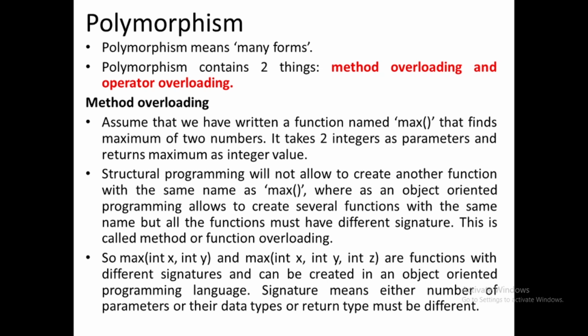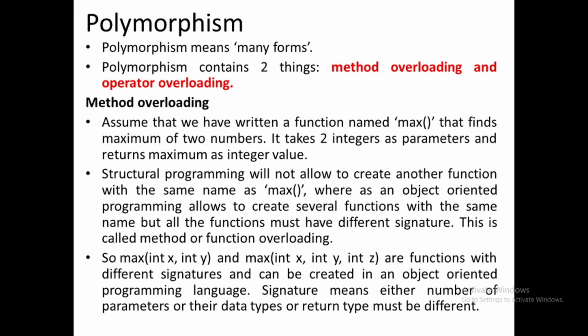So signature means either the number of parameters or their data types or return type must be different. If any one thing is different, then both functions will be considered different functions, and Java or any such object-oriented programming language will allow it. So this is method overloading.